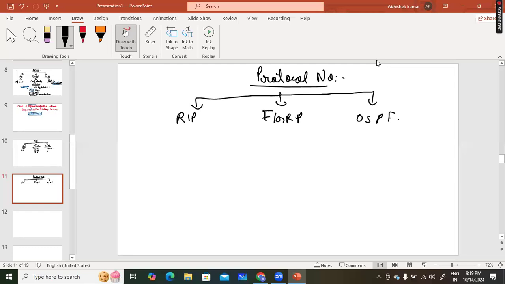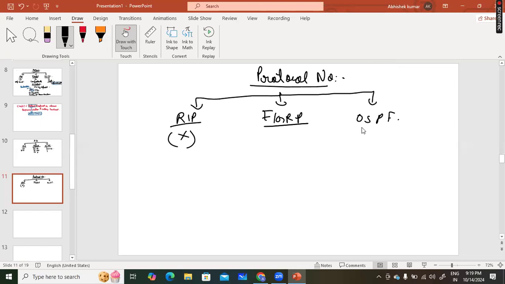There is no protocol number. Then what do we have? We have a port number. So there is no protocol number in the case of RIP. RIP uses port 520. Exactly, that is the port number.